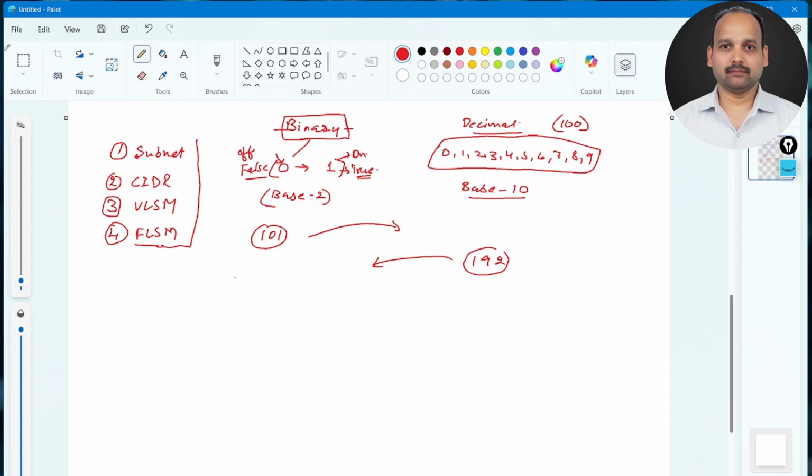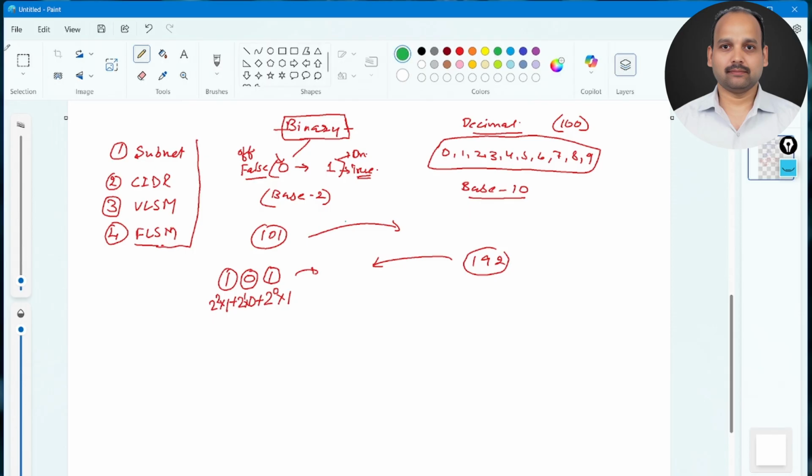If someone is writing 101 and I want to convert it to decimal, there is a very easy formula. You start from 2 to the power 0 times that value, so the value is 1, plus 2 to the power 1 times this value, which is 0, plus 2 to the power 2 times this value, which is 1.